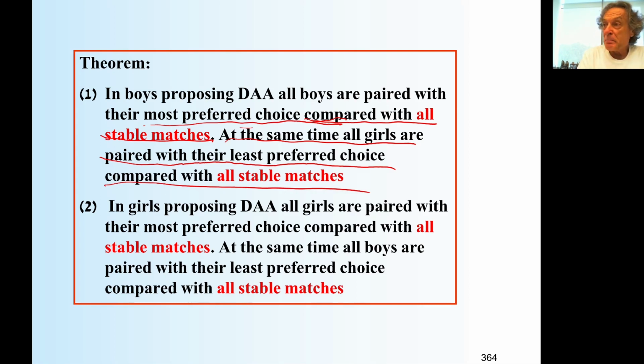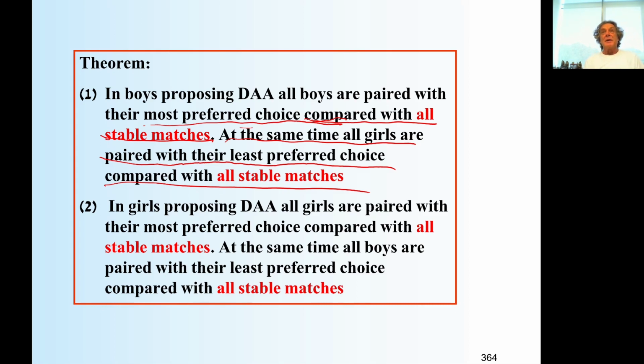So if the boys are proposing, they get the best they can dream of in any stable matching. Look, if it's not a stable matching, then everything collapses until they get to a stable matching. So I have to compare just stable matches.